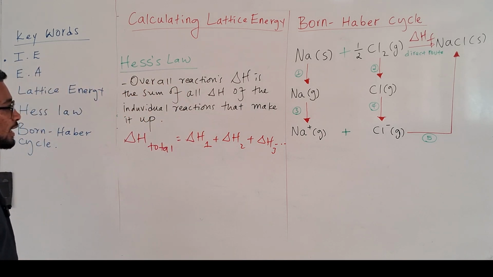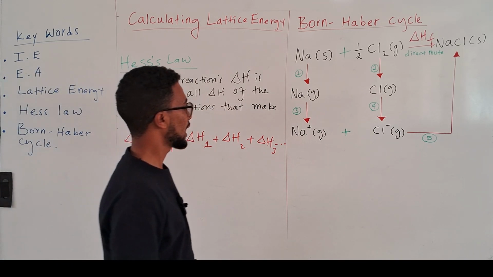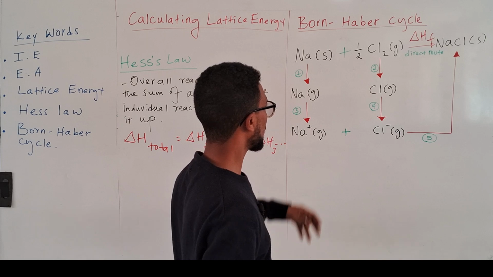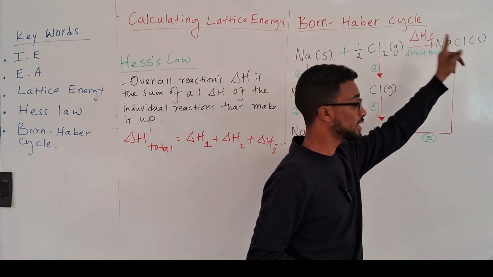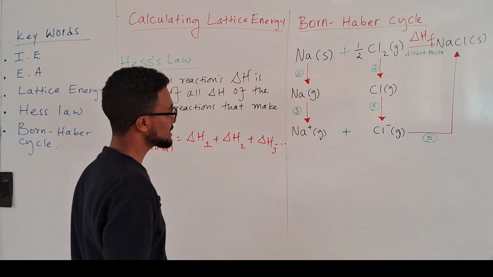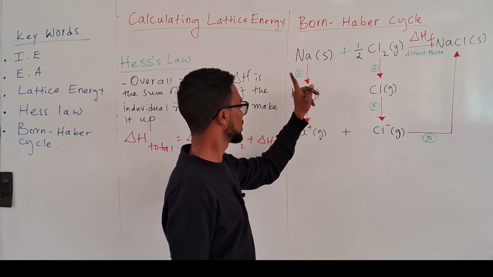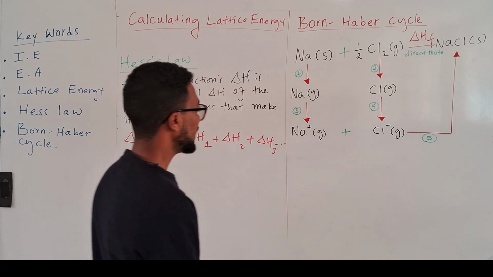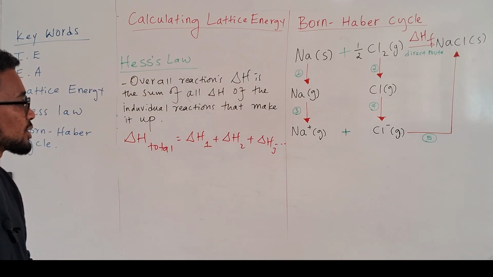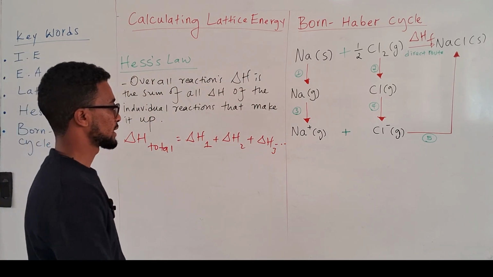So according to Hess's law, the enthalpy change to react these two to give this should be exactly the same as the enthalpy change of 1 plus 2, 3, 4, and 5. Okay, this is the Born-Haber cycle for sodium chloride.